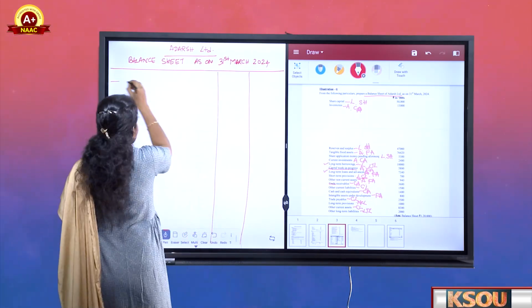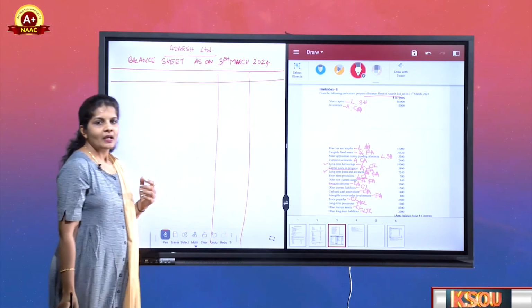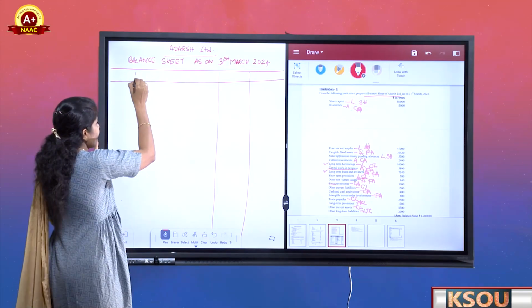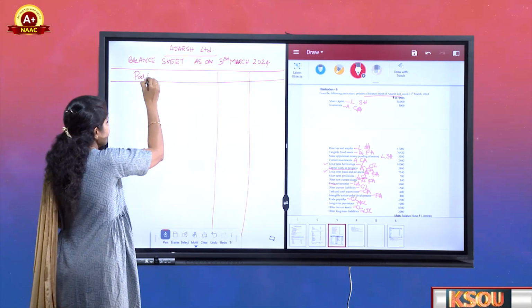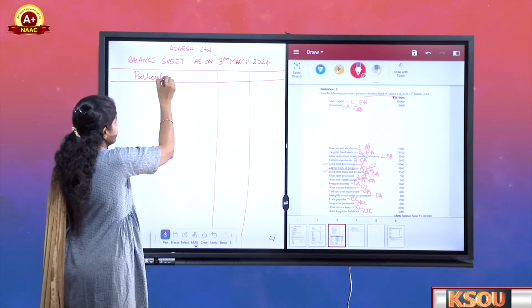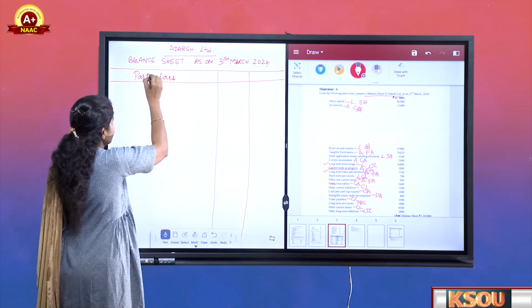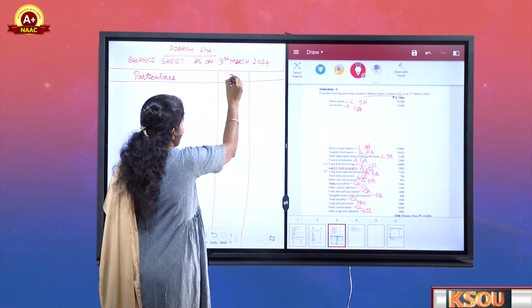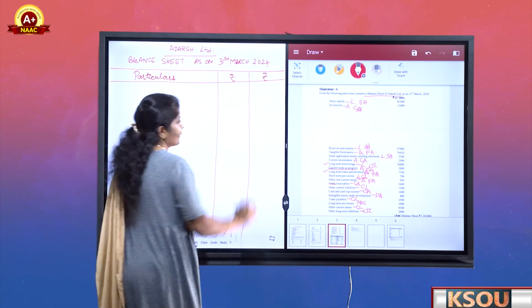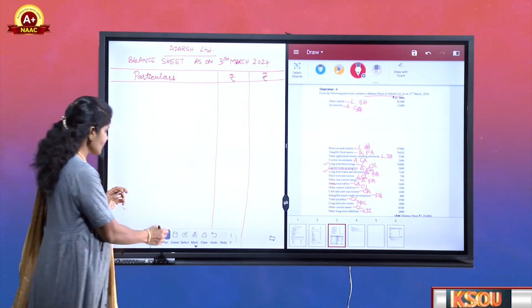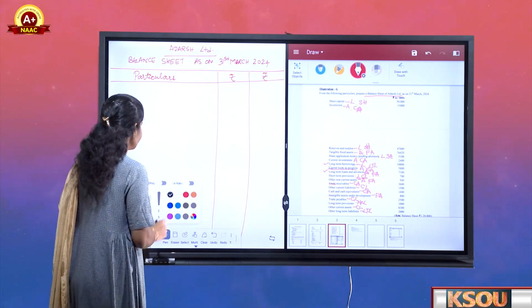What is the format for preparation of balance sheet? Particulars and amount column. This is particulars, and this is amount in rupees. Let us take this one by one.